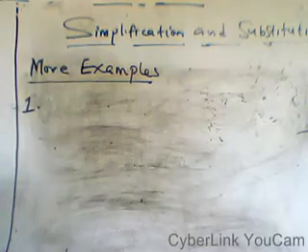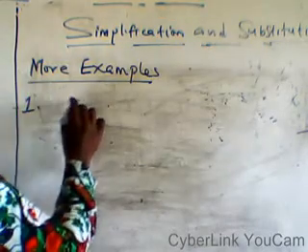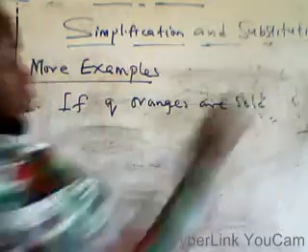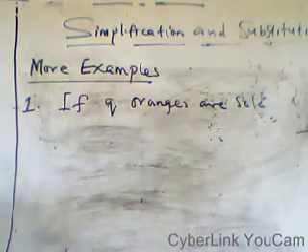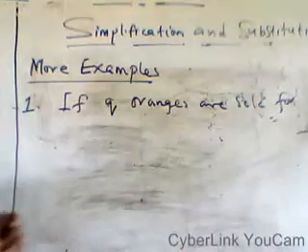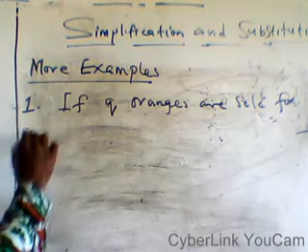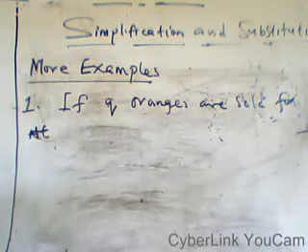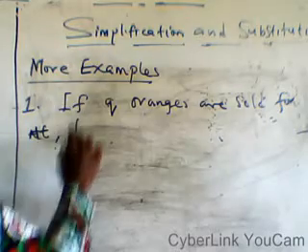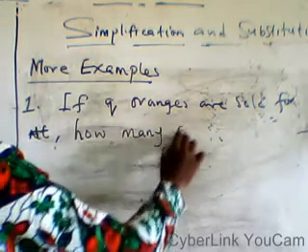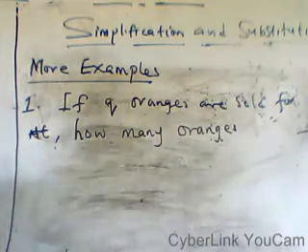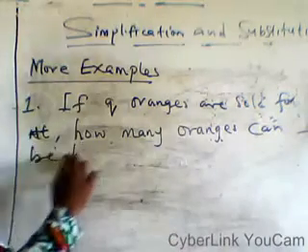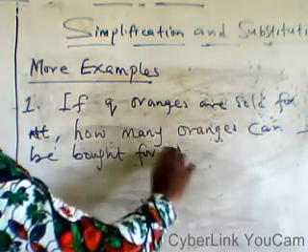So for the first question, it says: if Q oranges are sold for 40 naira, how many oranges can be bought for P naira?